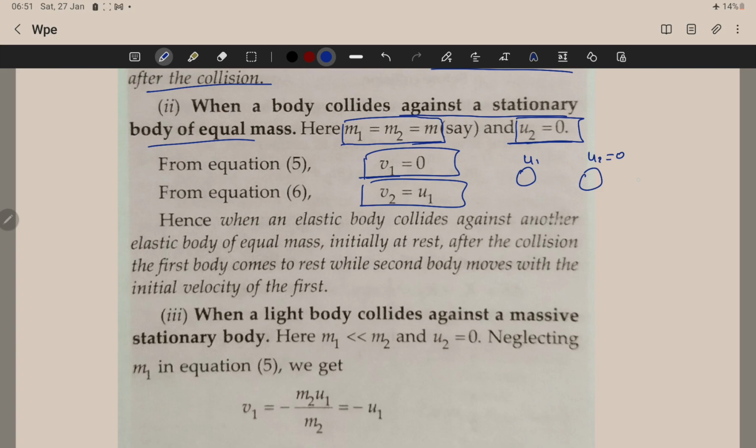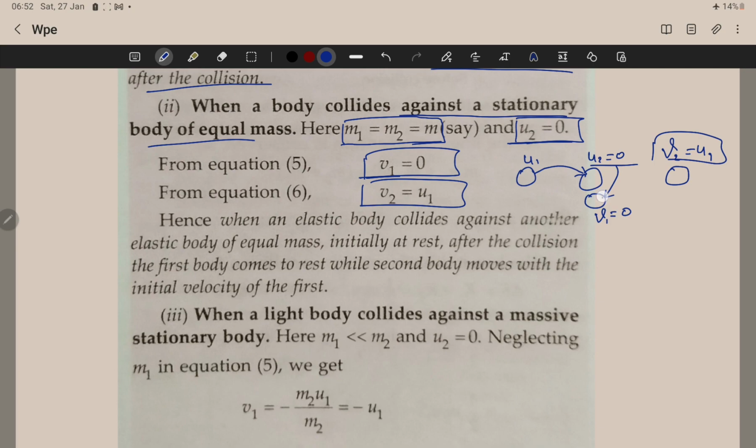If we put this value in the velocity equations, after collision v1 becomes 0 and v2 is equal to u1. All the velocity that the first body had is transferred to the second particle, and its zero velocity is transferred to the first particle.